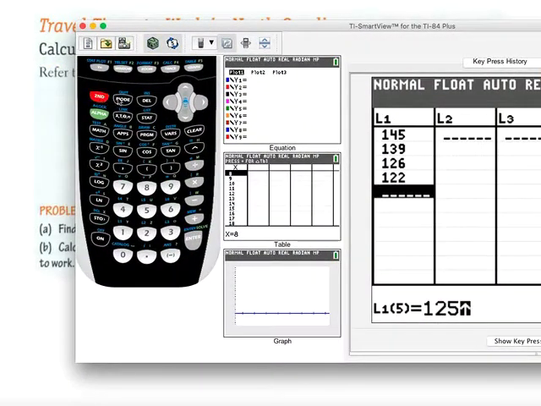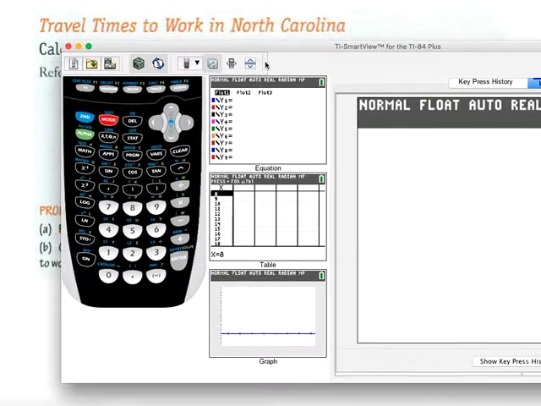To do that, you would go to your regular calculator mode and type in what we had.